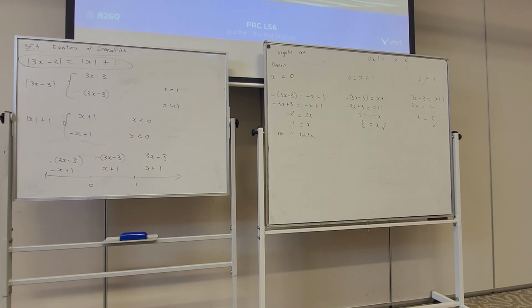So we'll break it out as well. And you guys can graph it on your graphics calculator too, if you remember how to bring up the absolute value. So I'll just go to Desmos, PRC 6. And the code is 8260.